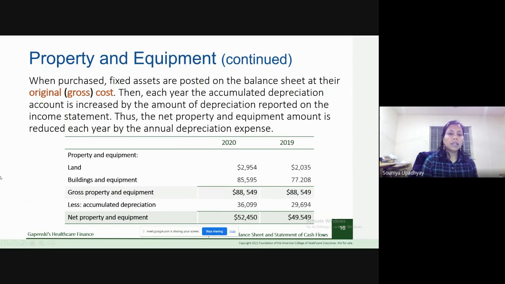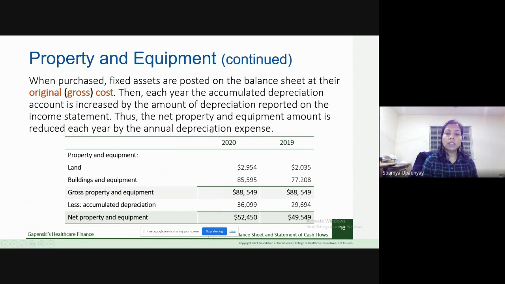So let's say within the property and equipment line, you have land and some buildings and equipment. Your total for property and equipment is $88,000. Then you remove the depreciation cost from it. In these two or three sentences, they have said that you have an annual depreciation expense that is reduced each year.